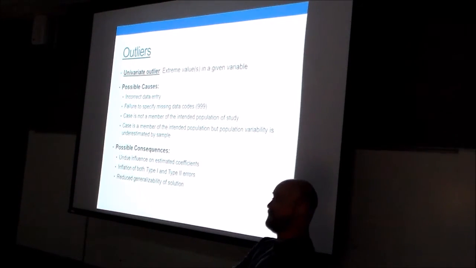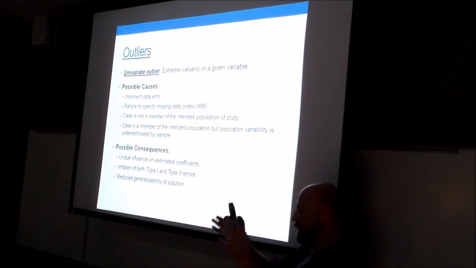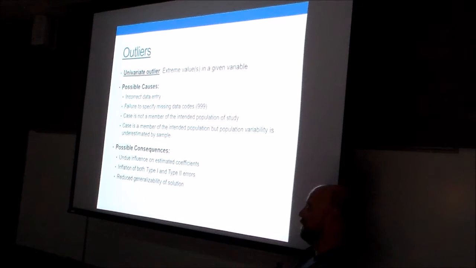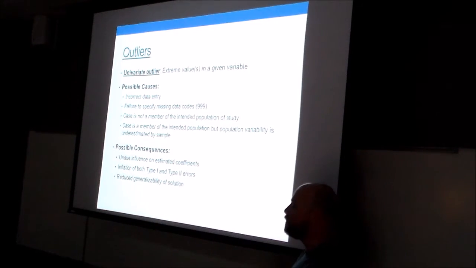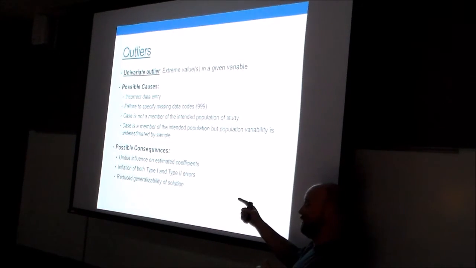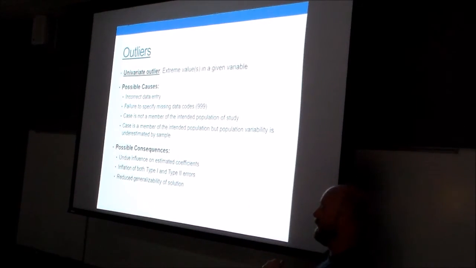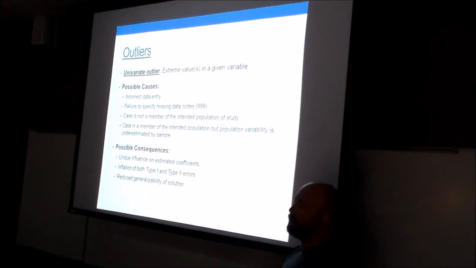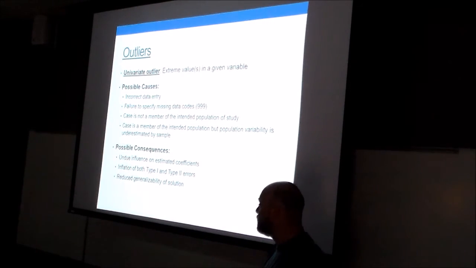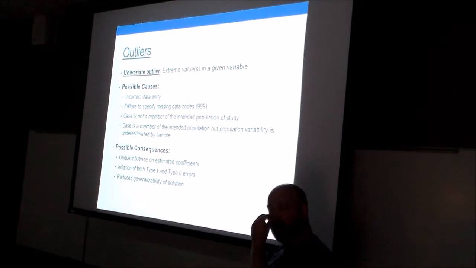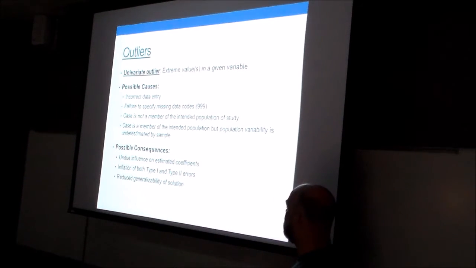That person's height is representative because they're an undergraduate at the university, but in my samples of 20, I've systematically underestimated height, and I just happen to catch someone who was 7 foot, and now they're throwing things way off base. So this is a more difficult situation where I have to make a determination: do I keep this person, do I not keep this person, do I do something else with the data? We'll talk about some of those options.